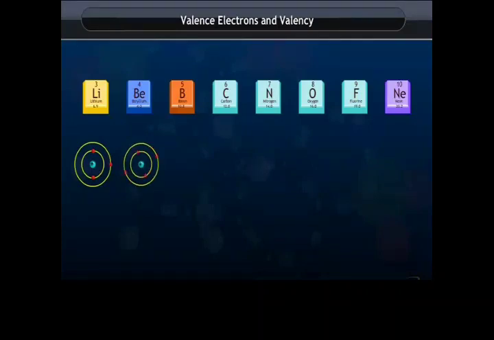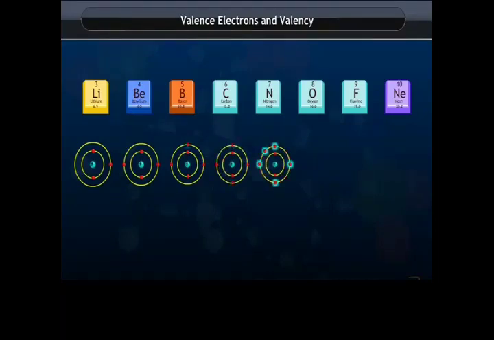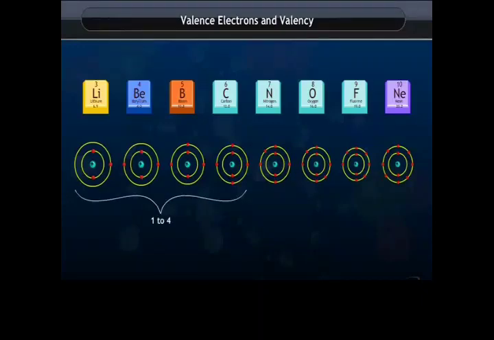Beryllium has 2, boron has 3, carbon has 4, nitrogen has 5, oxygen has 6, fluorine has 7, and neon has 8 valence electrons in the same shell. Thus, the valency of the elements increases from 1 to 4 and then decreases from 4 to 0 from left to right in a period.